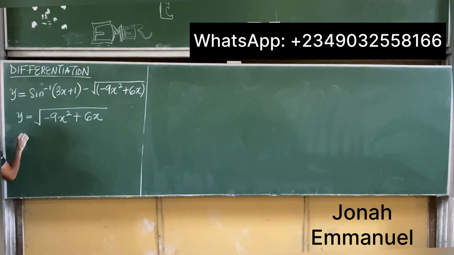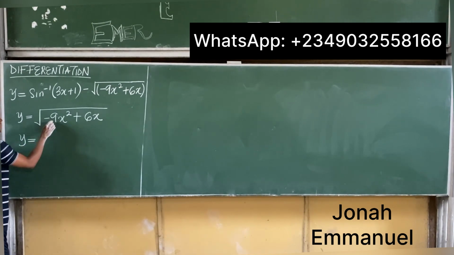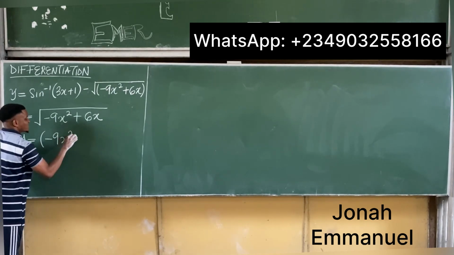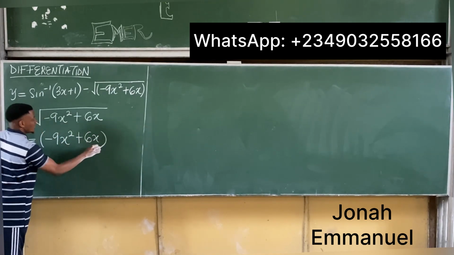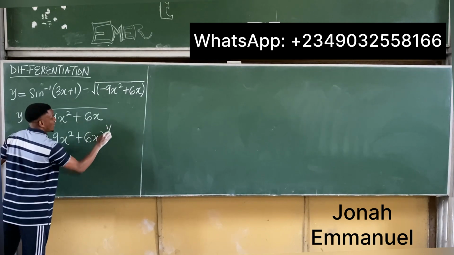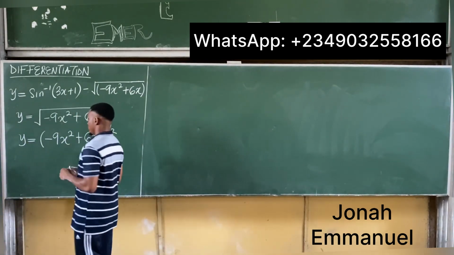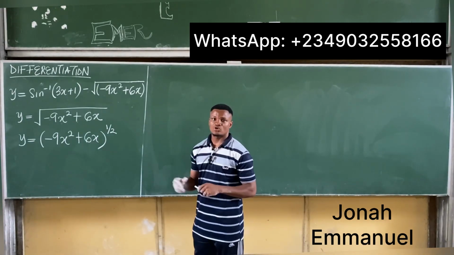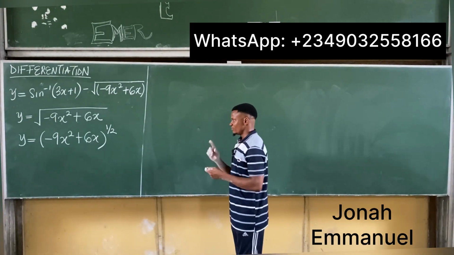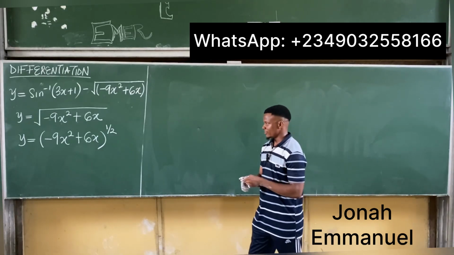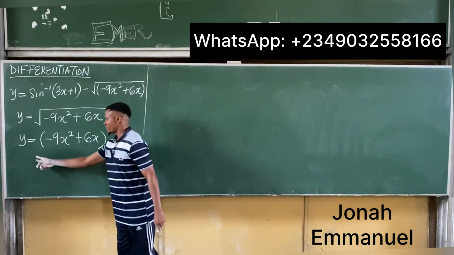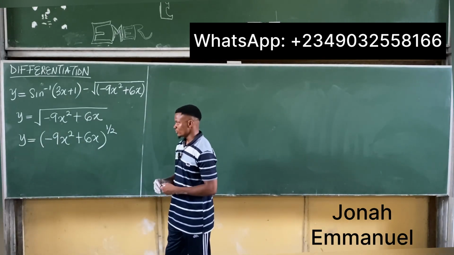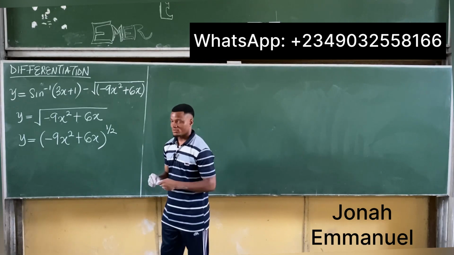First things first, this in index form would be minus 9x squared plus 6x, and square root becomes raised to power 1 over 2. So how do we solve this? We could choose to use the chain rule shortcut, which is to bring down the power, differentiate the bracket, repeat the bracket, subtract 1 from the power if you want to. But then let me use the chain rule method.